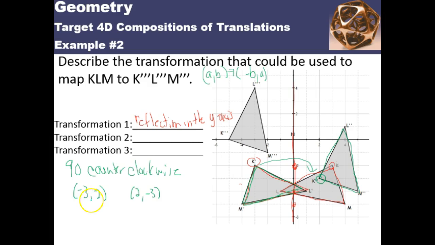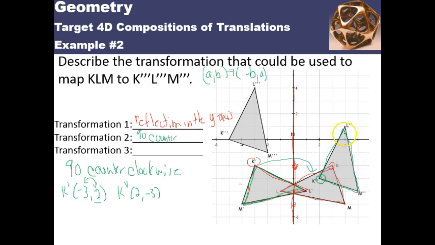So I look at my original, and this is K prime, and this is K double prime, and I'm going to see what happened. It's the second coordinate that changes sign, so I'm going to underline it, and then they change places. So when they change places, I write the opposite of the -2, which is +2 first, and then the -3. So that worked. So this is definitely a 90 degrees counterclockwise rotation. And you could check all the points, but it is definitely 90 degrees counterclockwise.